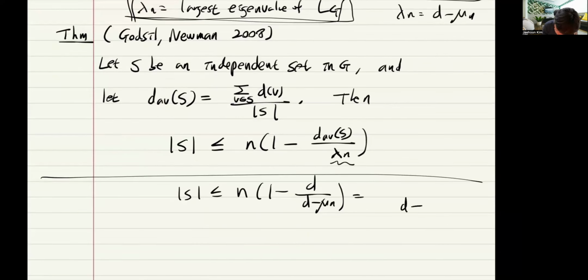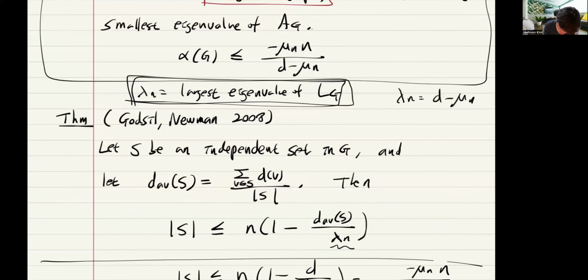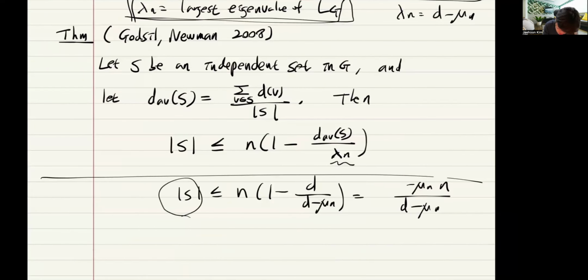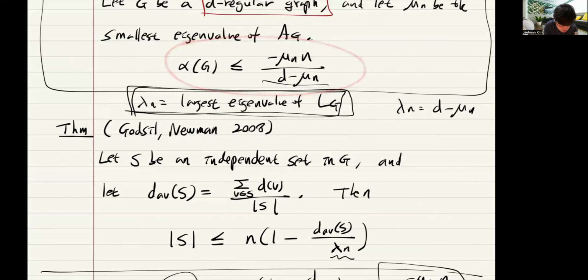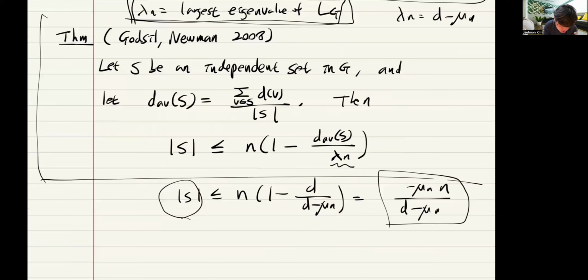Then what does this become? This is d minus mu n over d minus mu n minus d times n. So you just cancel them out, then you get this expression. So every independent set satisfies this, and we get this Hoffman bound. So this is indeed stronger than the Hoffman bound.